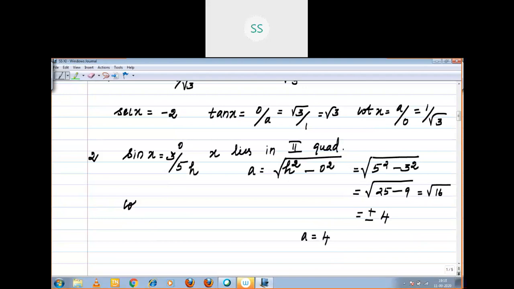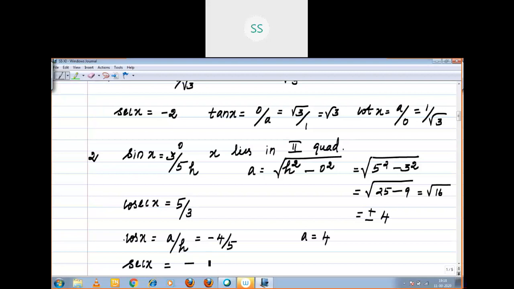Now, cosecant equals the reciprocal of this, so 5 by 3. Next, cos x is adjacent by hypotenuse. x lies in the second quadrant, so it will be negative: minus 4 by 5.